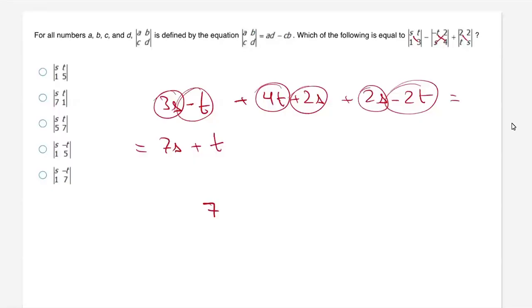So it's 7 times S minus T and 1, or whatever. T and minus 1 and whatever. Okay?